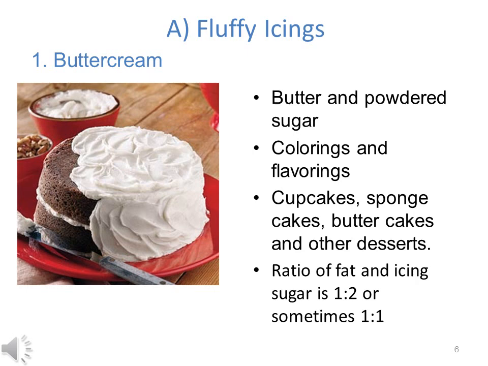Colorings and flavorings are often added, such as cocoa powder or vanilla extract. Buttercreams are a popular topping for cupcakes, sponge cakes, butter cakes, and other desserts. The ratio of fat and icing sugar is 1 to 2 or sometimes 1 to 1.